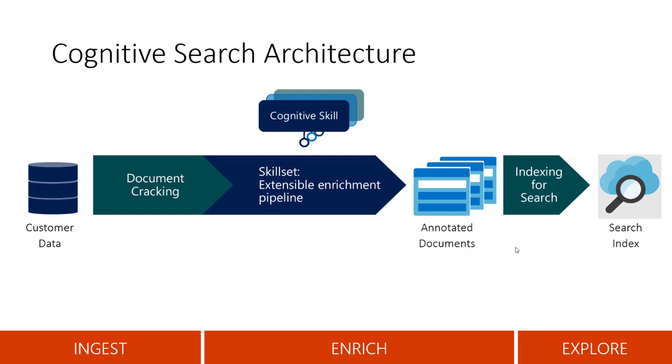The original information and all annotations produced during the enrichment are put in an Azure Search index, which is a powerful data store with keyword search support, understands more than 50 languages, can query both structured and unstructured data, and also has faceted navigation capabilities.